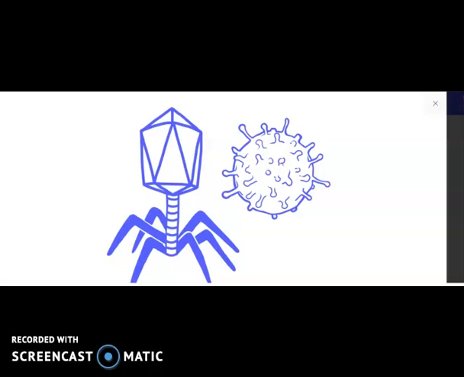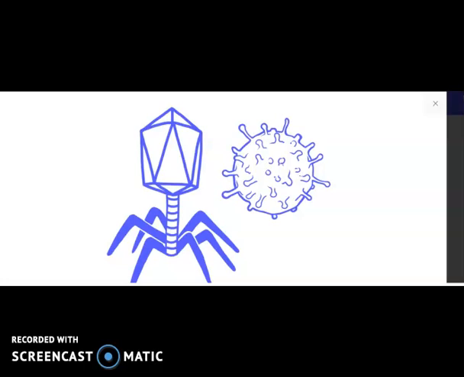A virus is a submicroscopic infectious agent that replicates or multiplies only inside the living cells of an organism. Viruses infect all types of life forms, from animals and plants to microorganisms, including bacteria and archaea.